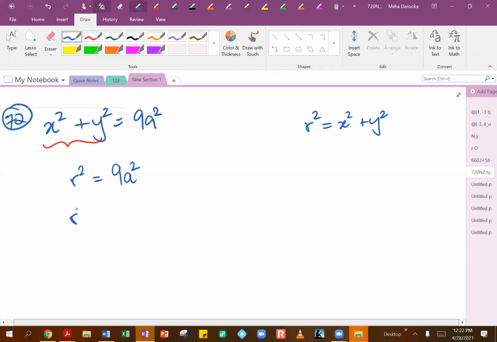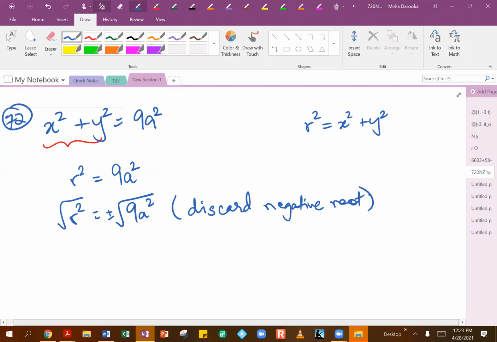You want to get r by itself, so we take square roots on both sides. With square roots, we normally get positive and negative, but since r is a distance, we discard the negative root.